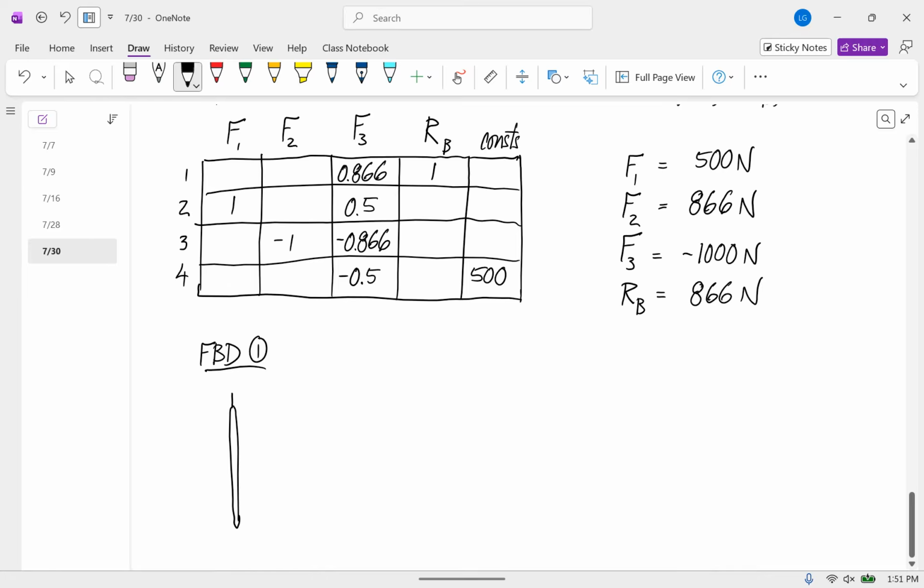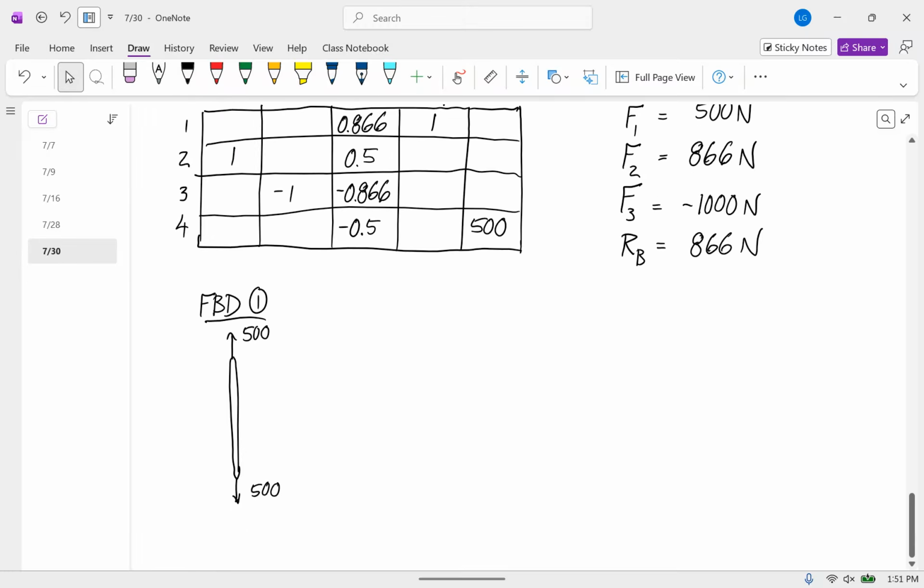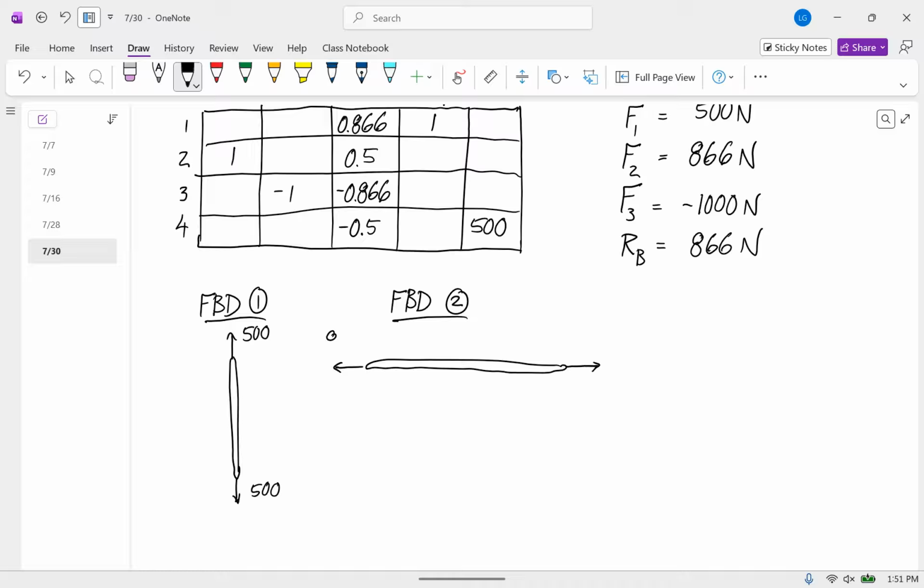So tension means that these forces go away from each other, and they're equal to 500. Member 2 is the horizontal member. Positive 866 means it's in tension, and these tension values are 866.